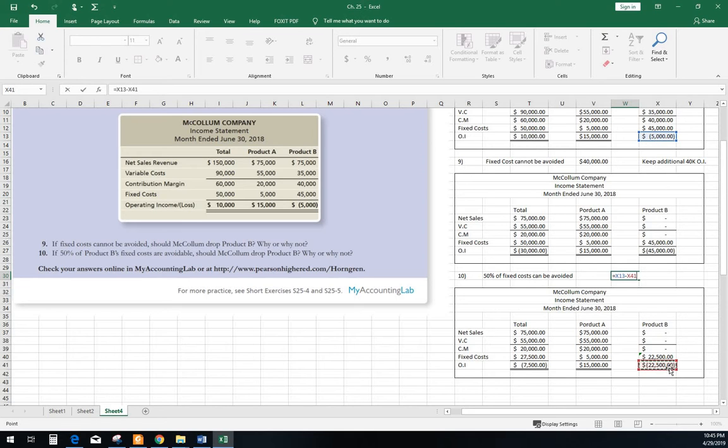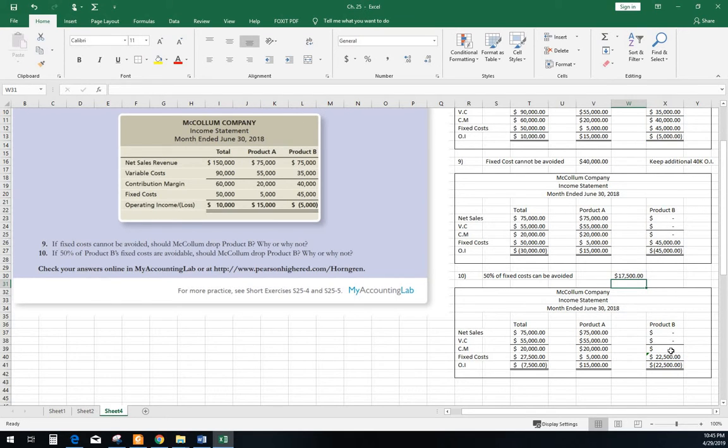Now, comparing negative $22,500 versus negative $5,000, that's a positive difference of $17,500. So in that scenario, we would also keep an additional $17,500 in operating income.